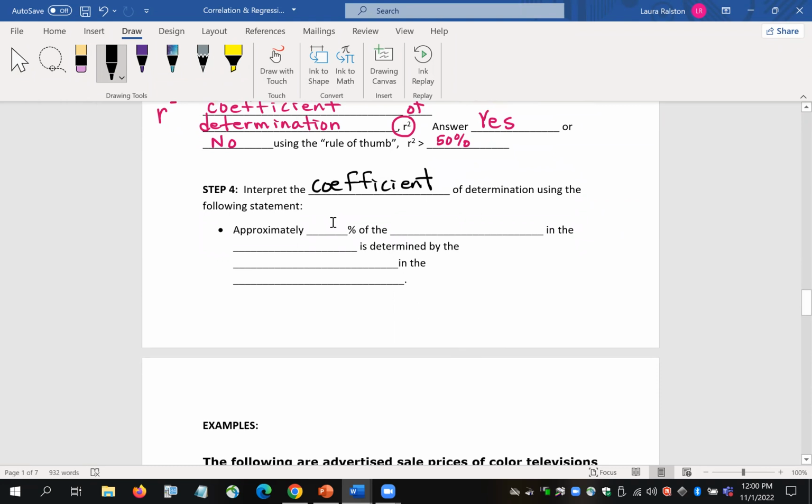So approximately R squared percent of the variation. And guys, you have to put in the word variation. Variation in the Y or the dependent variable is determined by the variation in the X or the independent variable.